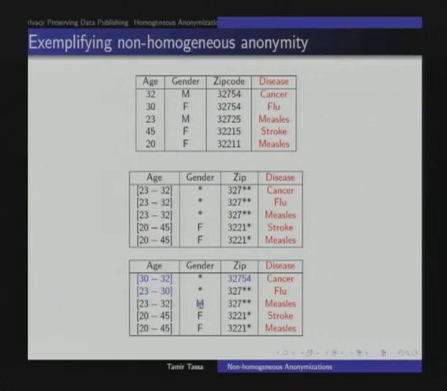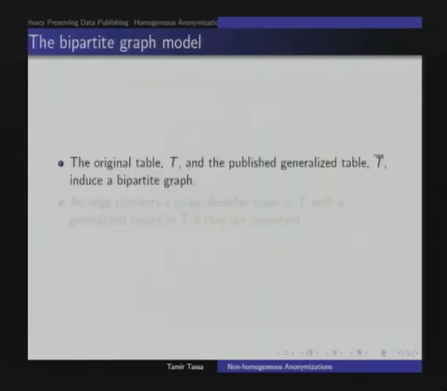Here we could put the exact gender, male, whereas here it was suppressed, and here we could put the exact zip code, as opposed to here where we had to suppress the last 2 digits. That was possible because we now define our framework in a less strict manner than homogeneous anonymity demands.